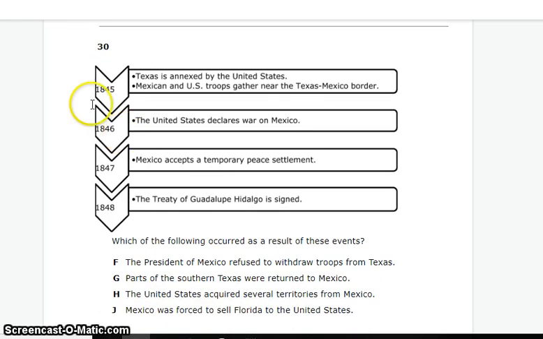Number 30. 1845: Texas is annexed by the United States. Mexican and U.S. troops gather near the Texas-Mexico border. 1846: The United States declares war on Mexico. 1847: Mexico accepts a temporary peace settlement. 1848: The Treaty of Guadalupe Hidalgo is signed.